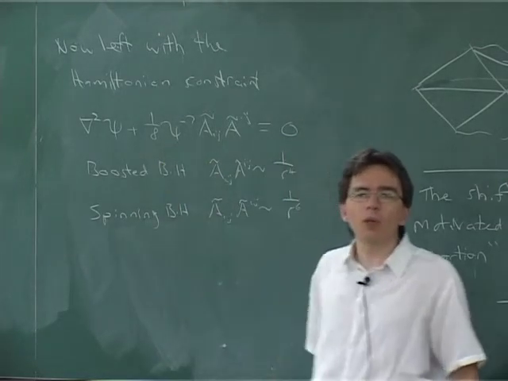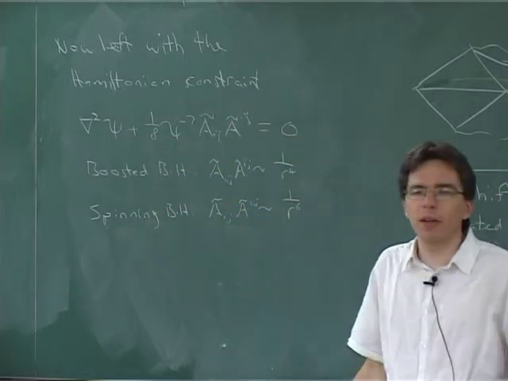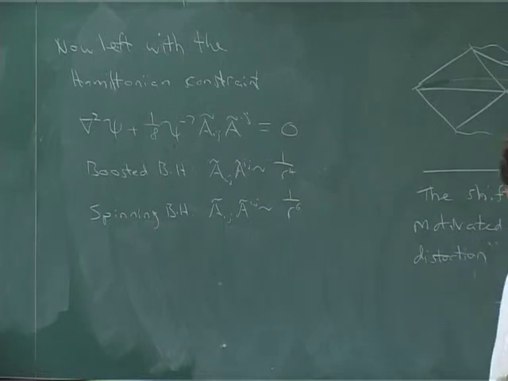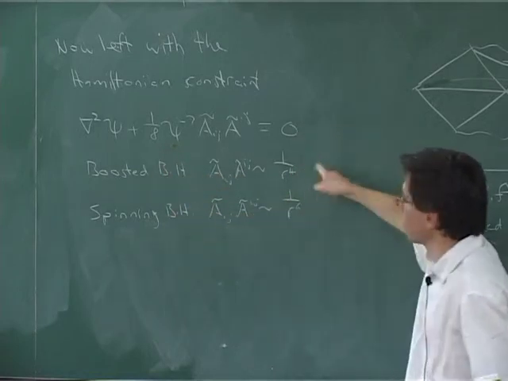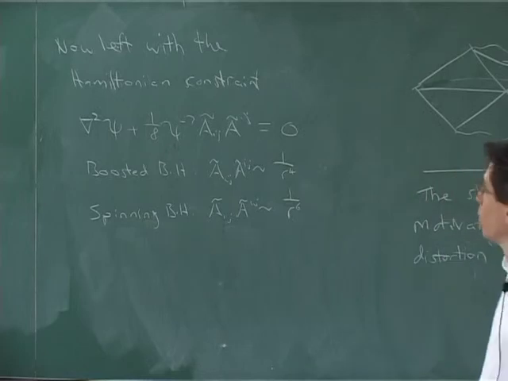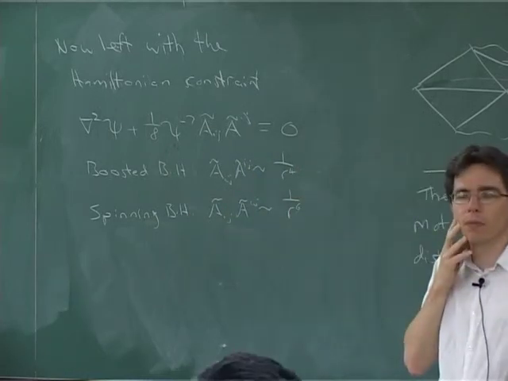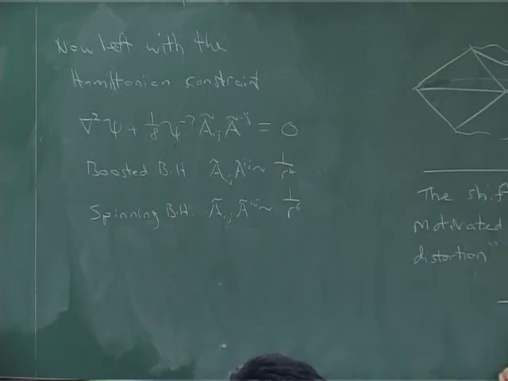And if it blows up as 1 over r, this inverse 7th power of the conformal factor will go to 0 as r to the 7. So it will go to 0 faster than either of these terms, and so this equation actually will be regular at the origin.